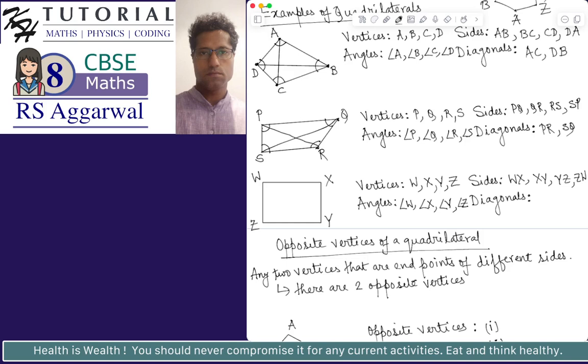Assuming this is a square, these will be right angles. All the corner angles, or interior angles, of a square are each 90 degrees. And what are the diagonals?